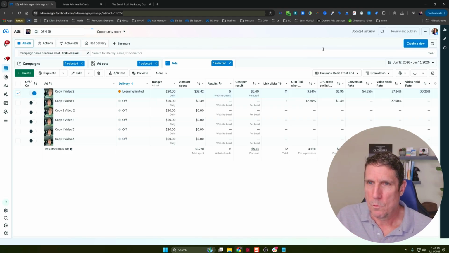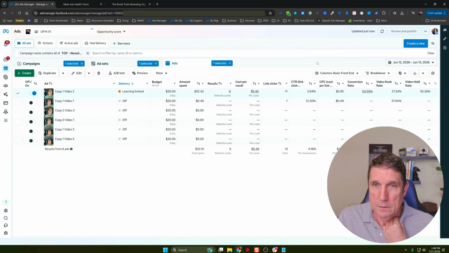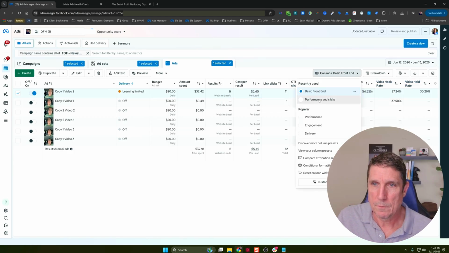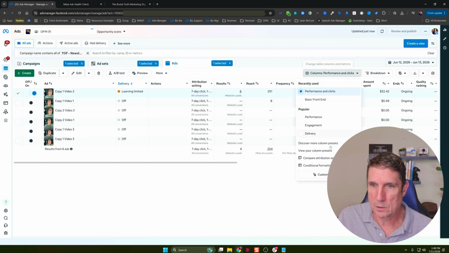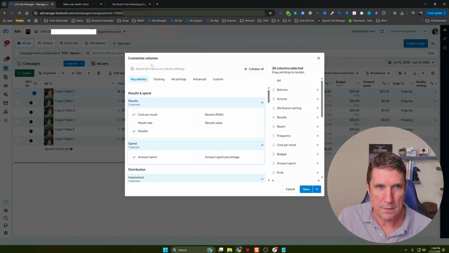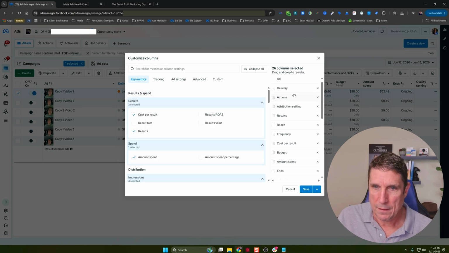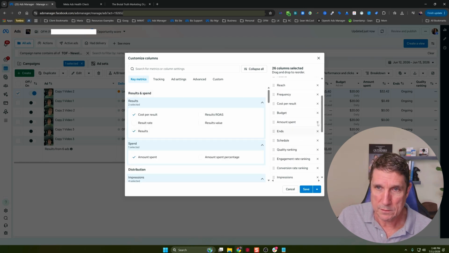All right, the other thing I wanted to show you, and actually before I get there, how did I set up these columns to begin with? Usually you'll see something like this, and these are default columns. You just come over here and click Customize Columns, and then you search for them. You can just type them in or scroll down, and then you move them around to the way that you want.